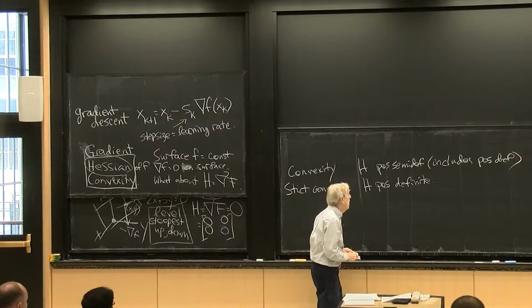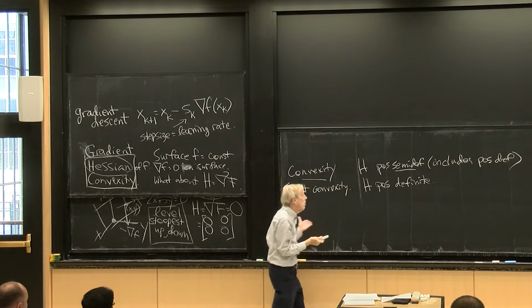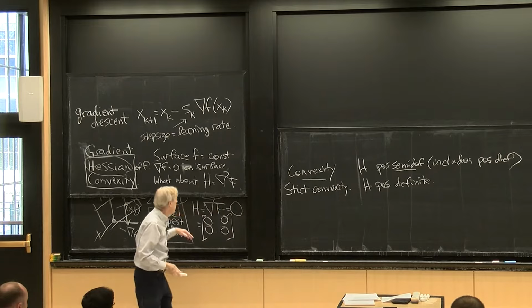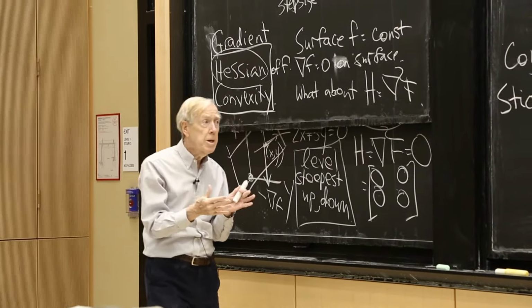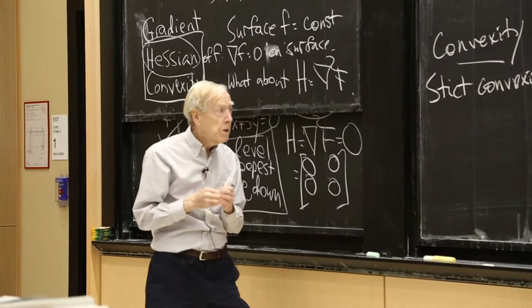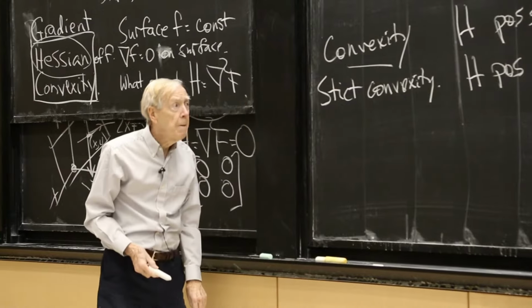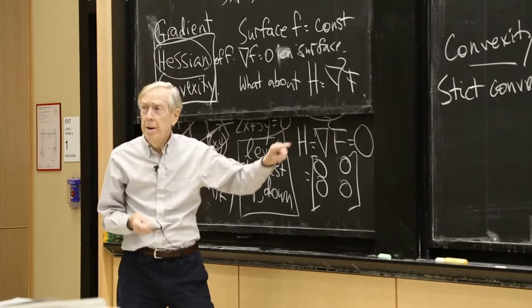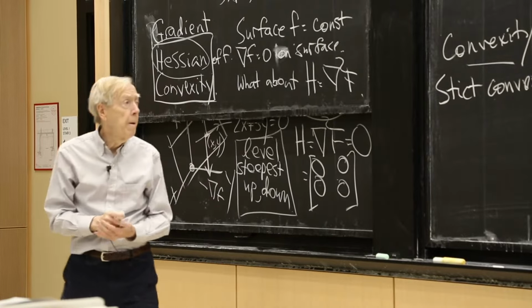Semi-definite won't do. So semi-definite for convex. In fact, the linear function is convex, but not strictly convex. Strictly means it really bends upwards. The Hessian is positive definite. The curvatures are positive. So semi-definite would include linear functions, and strict would not include linear functions. They're not strictly convex.